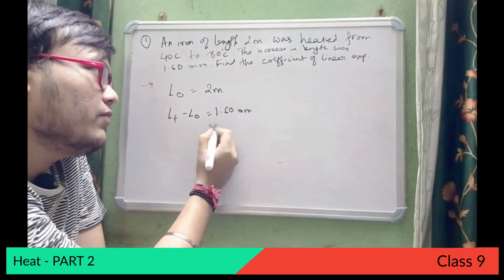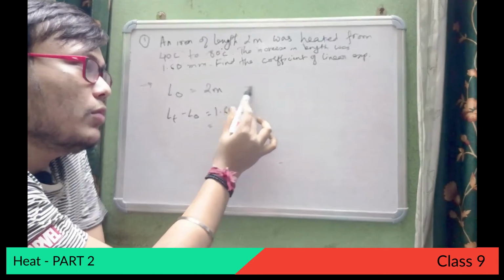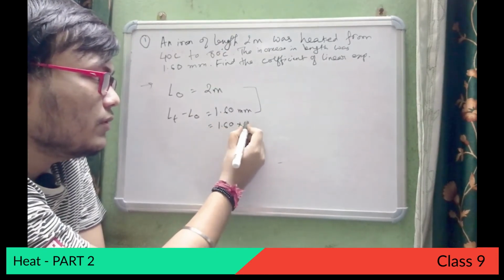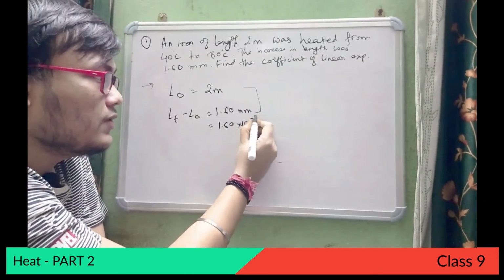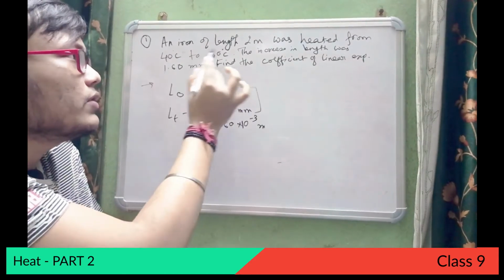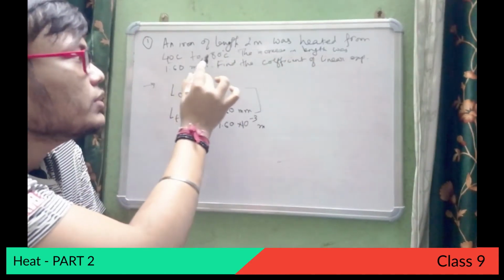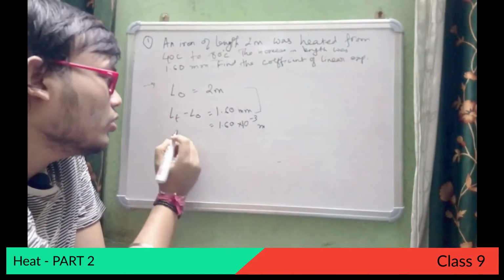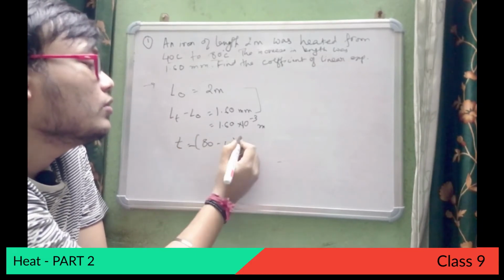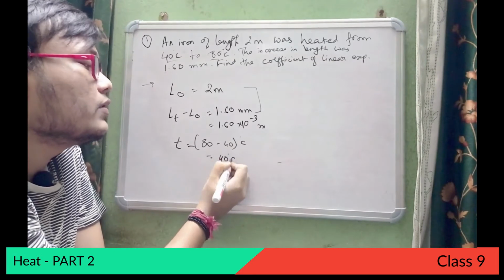If we express both in the same units, it becomes 1.60 into 10 to the power minus 3 meters. Also, there was a rise in temperature from 40 degrees Celsius to 80 degrees Celsius, so T becomes 80 minus 40, which is 40 degrees Celsius.